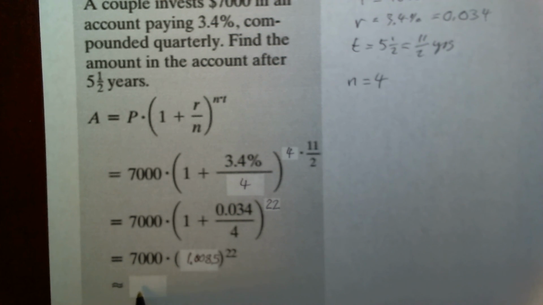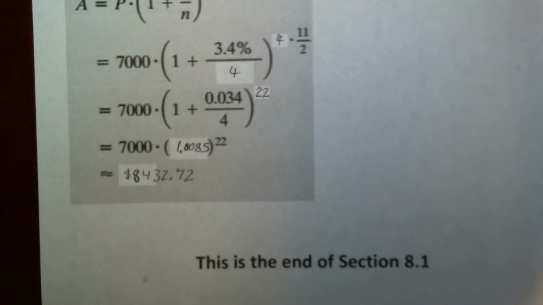And by doing that, the amount A will be approximately equal to, rounding it to cents, 2 decimals, $8,432.72. So that's how the compound formula works. And this is the end of section 8.1.